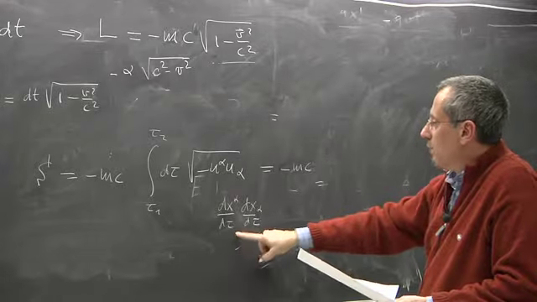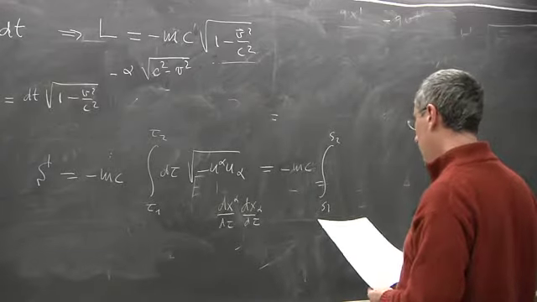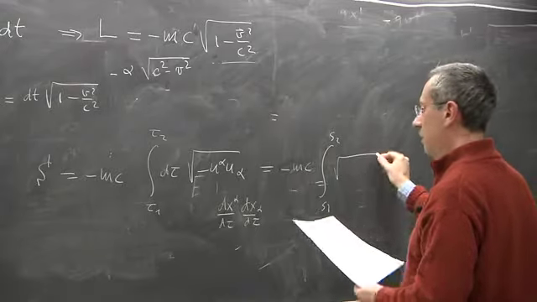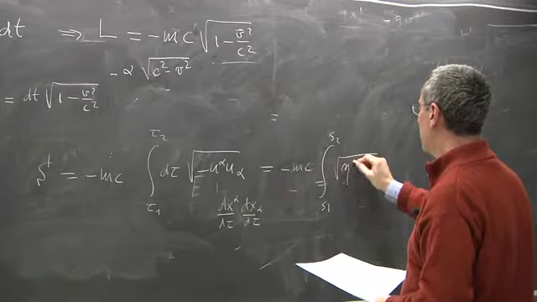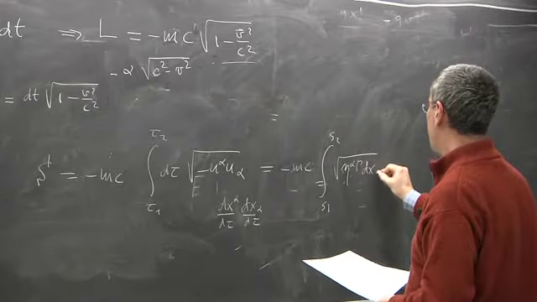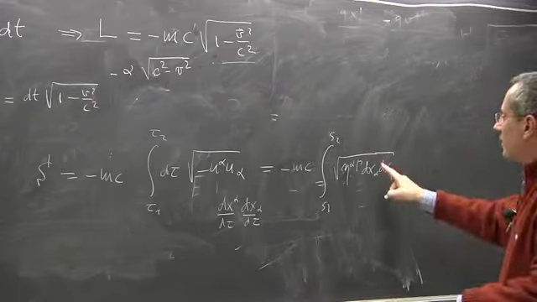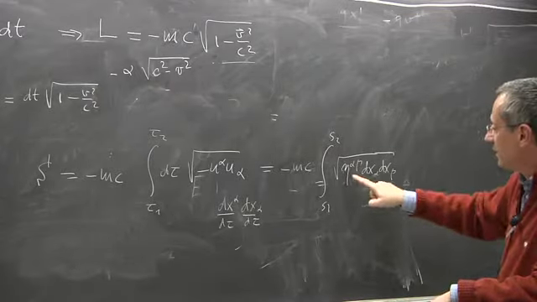I can pull out this and write the scalar product with the matrix eta alpha beta dx alpha dx beta, right? This is nice because this is just the ds, the distance in this space.